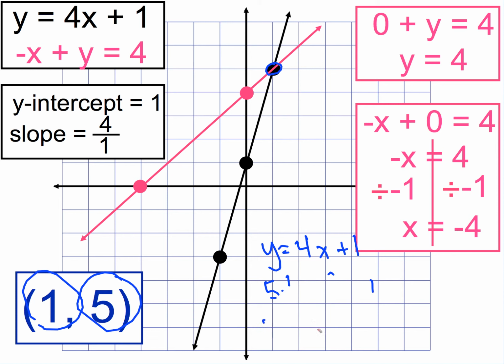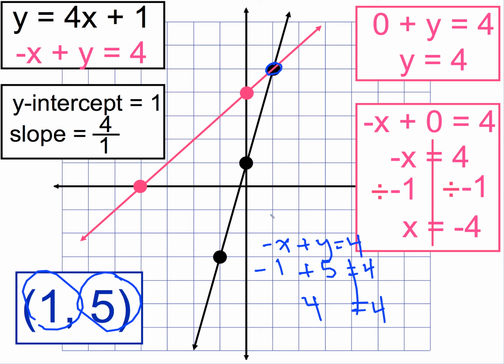And then let's look at our second equation, which is negative x plus y should be equal to 4. So negative x would be negative 1 plus 5, and we want to see if that equals 4. Well, yes, negative 1 plus 5 is 4, so that's a true statement. That's the only ordered pair that will work for both of these equations.